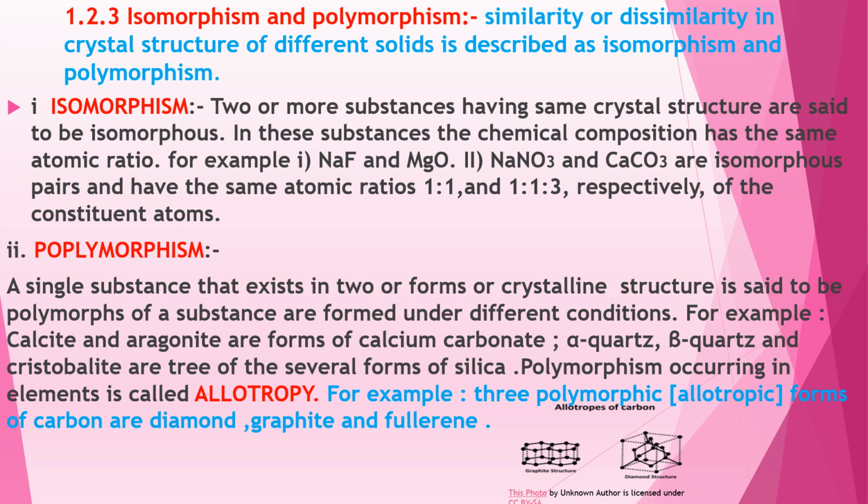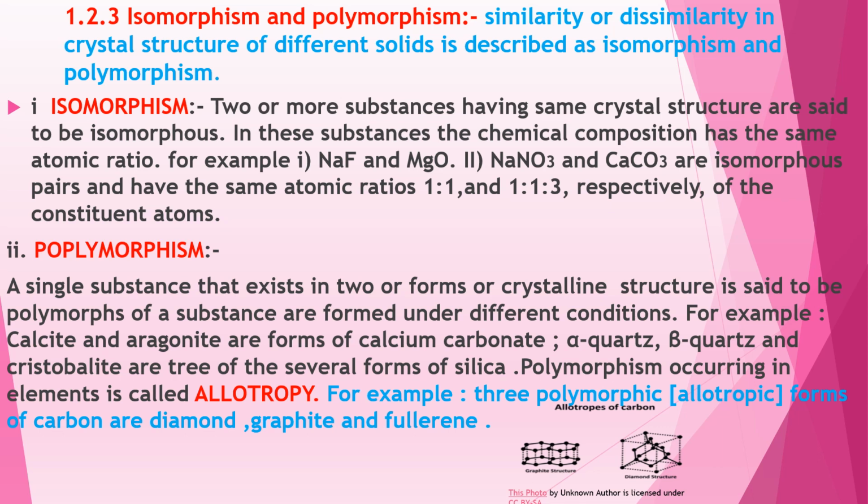Alpha quartz, beta quartz and cristobalite are three forms of silica. This polymorphism is also known as allotropic forms of the same substance. For example, diamond, graphite and fullerene are the three allotropic forms of carbon.